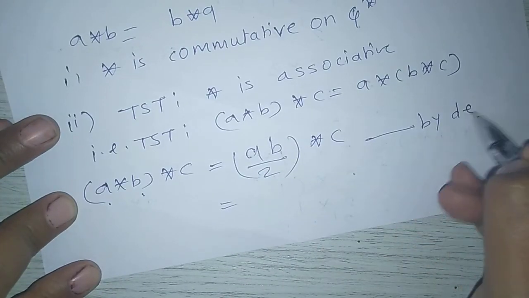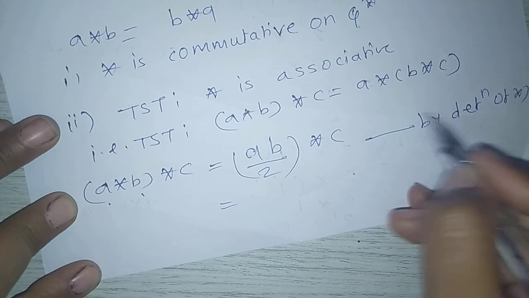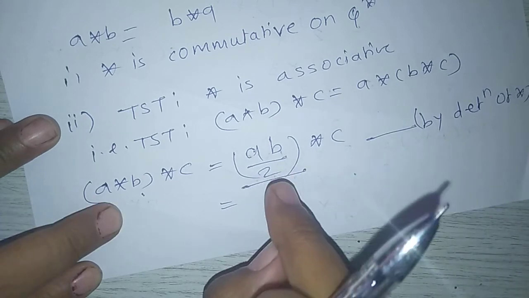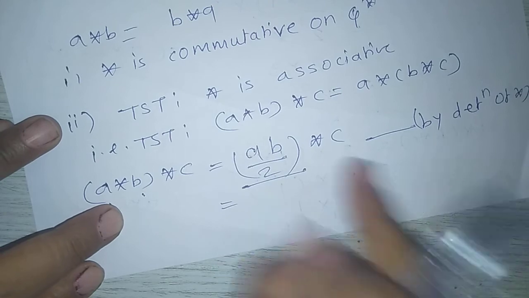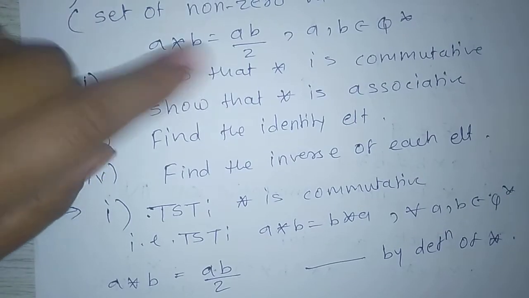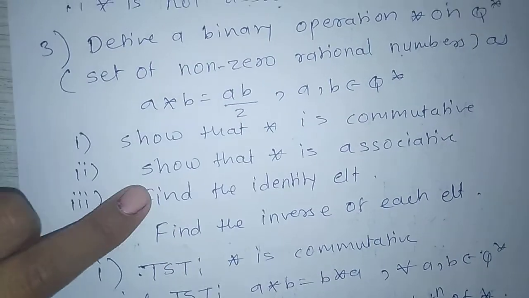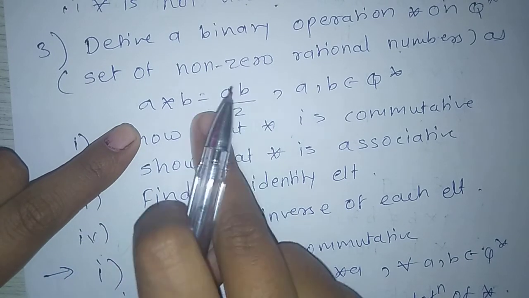Now consider this is the first element and this is the second element, and by definition of A star B equal to AB upon 2, first element into second element upon 2.